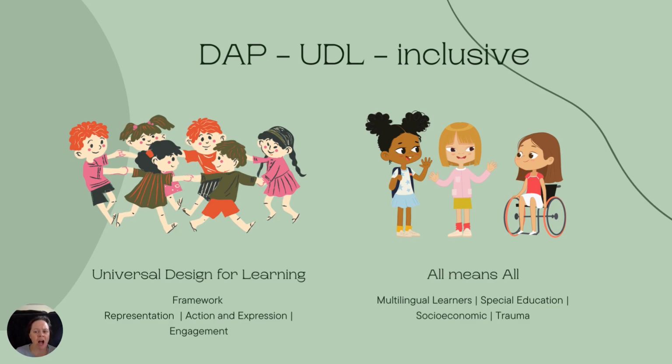As a professional, I have the ability to give choice and ways to act and express the knowledge in a classroom. The children are able to choose how they can share their knowledge and what materials to use, and engagement.